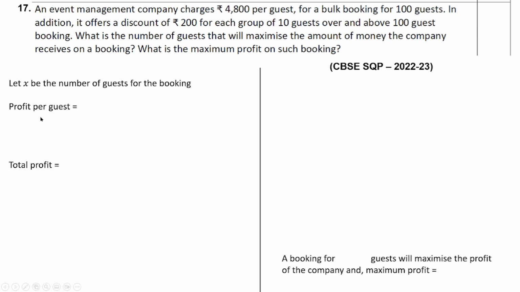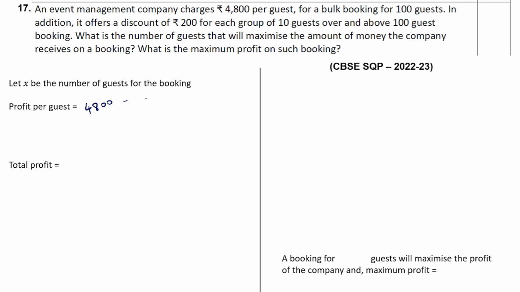Then the profit per guest, it is given by, here we have, if we have X is equal to 100, then the profit per guest will be 4,800. And if it is over and above 100 guests, then it offers a discount of rupees 200 for each group of 10 guests.